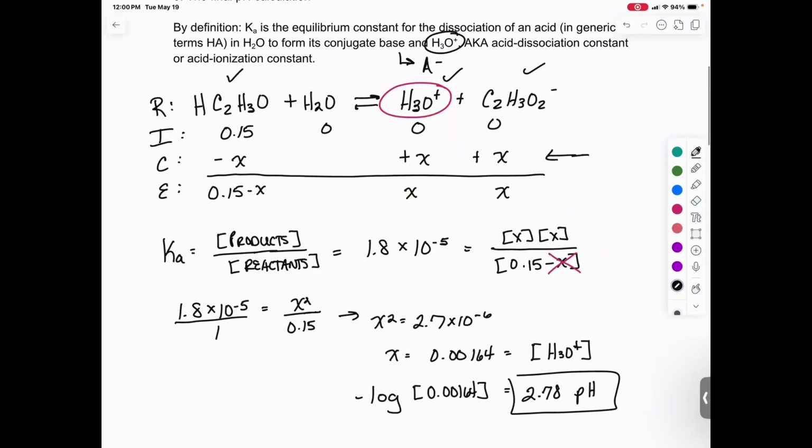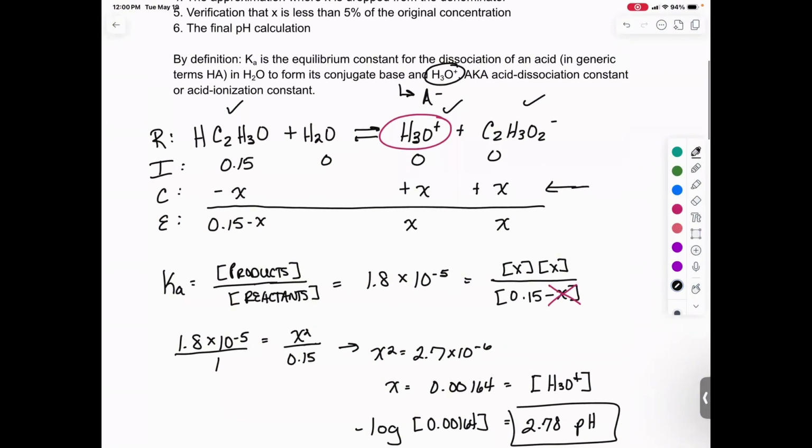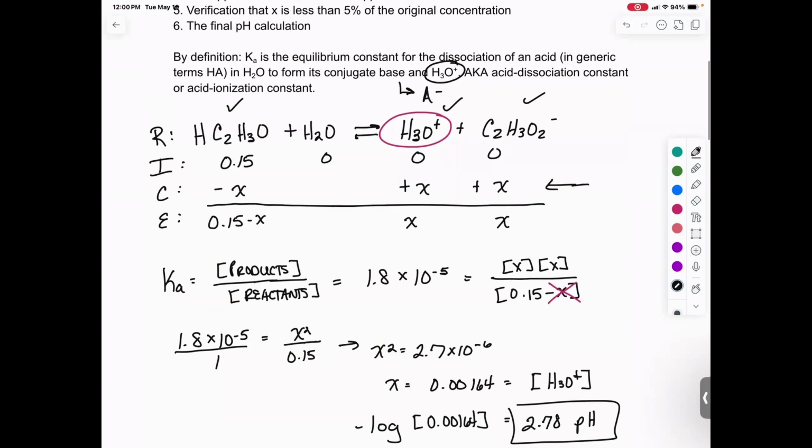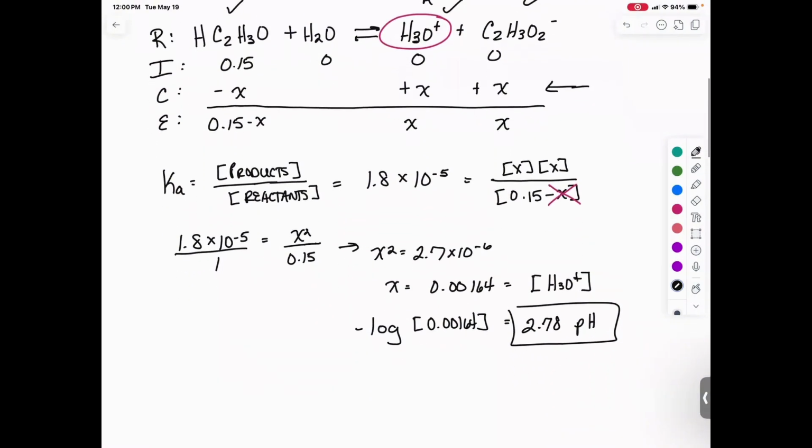Now, for number 5, it says verification that X is less than 5% of original concentration. Well, let's find out what 0.00164 is of 0.15.